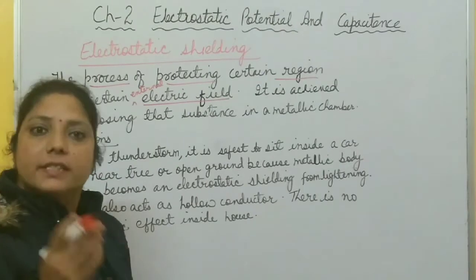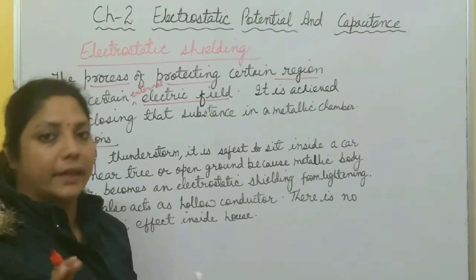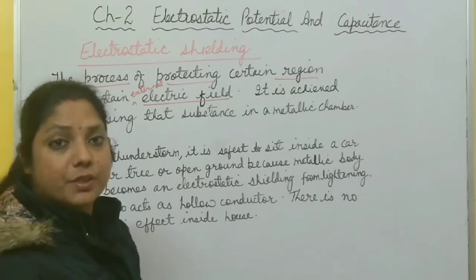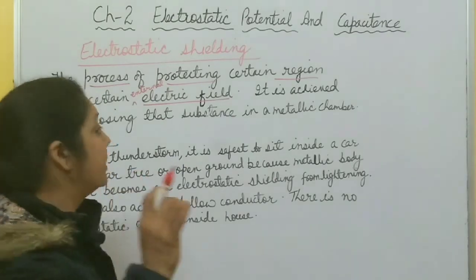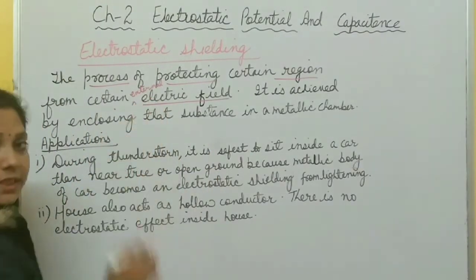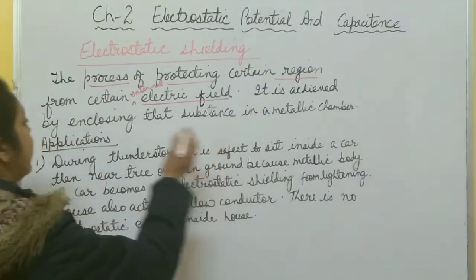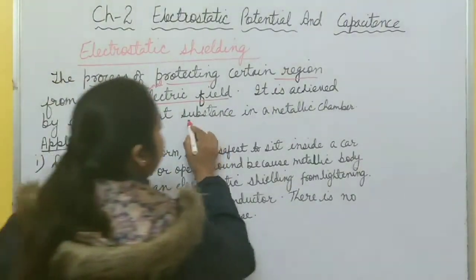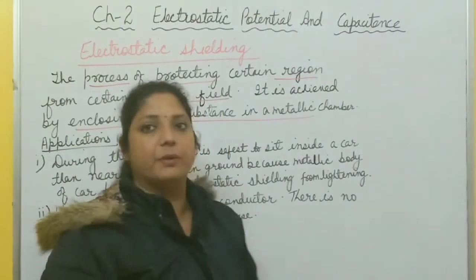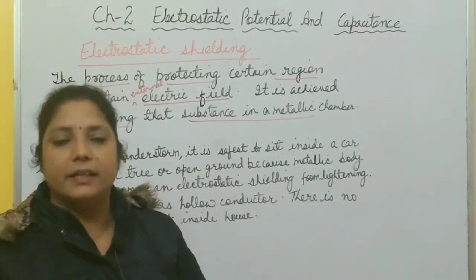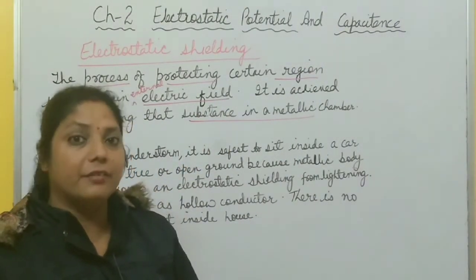If you want a certain region where there is no electric effect, that process of achieving a region where there is no effect of the external electric field is called electrostatic shielding. It is achieved by enclosing that substance in a metallic chamber, because a metallic chamber means a conductor, and inside a conductor the electric field is 0.